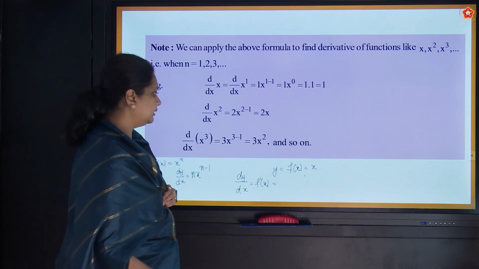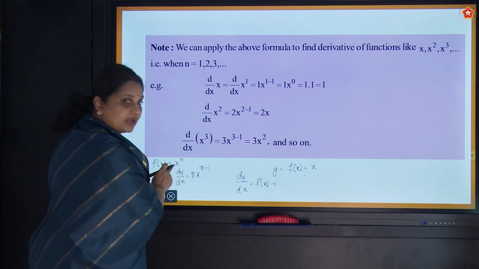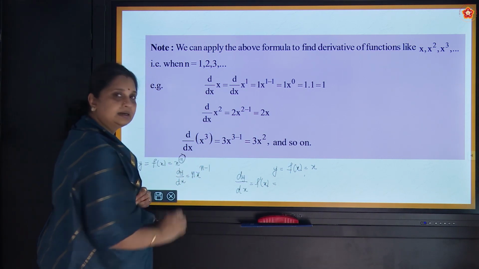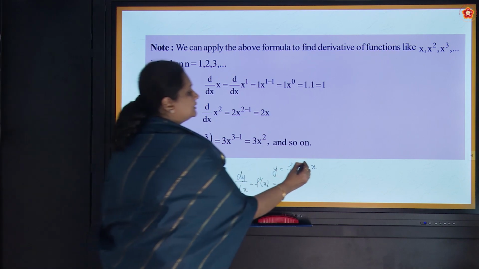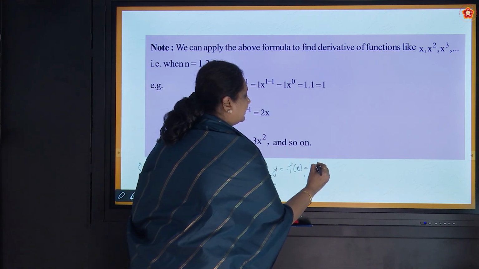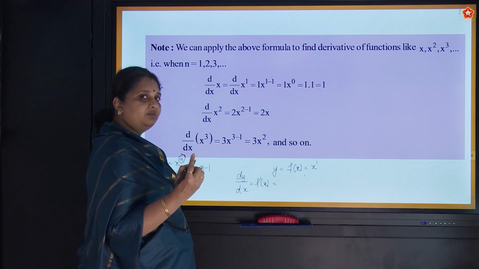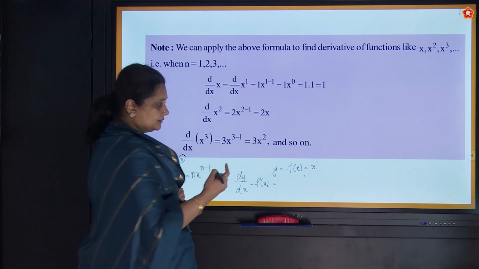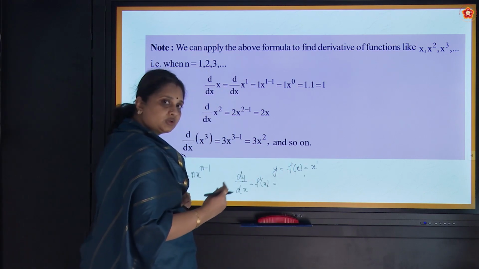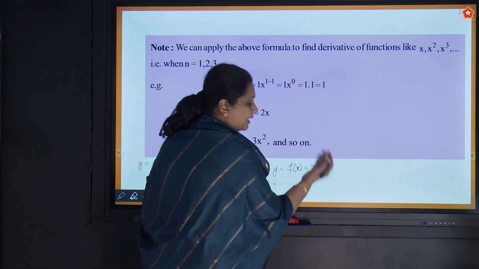So what do we do here? Basically, bring the power down. The power is n here. Now here, what's the power of this variable? It is 1. 1 is a silent power of any variable. Since the power is not explicitly given, it should have a power of 1.